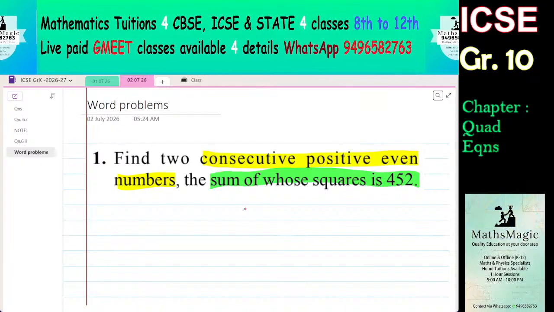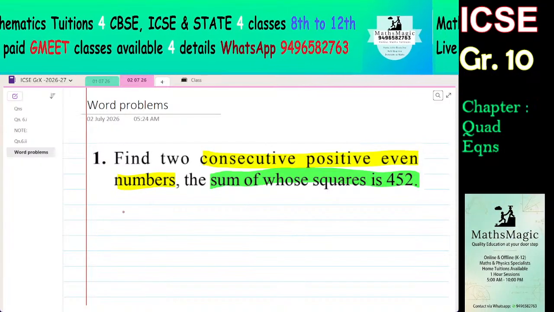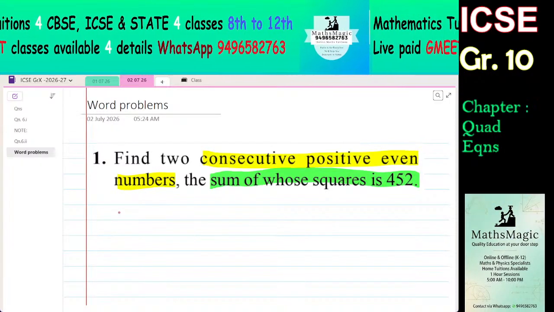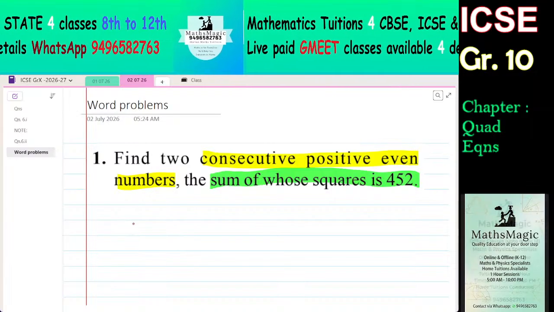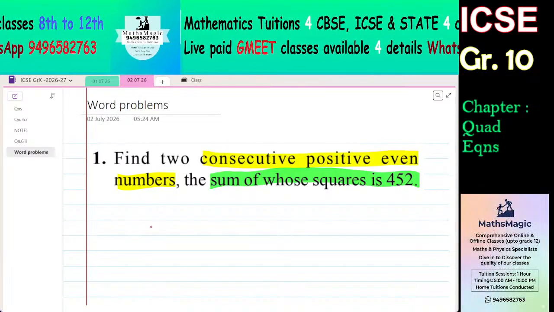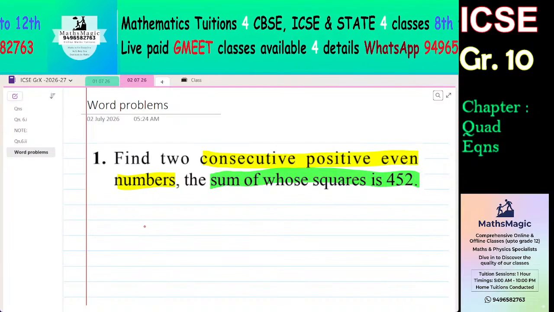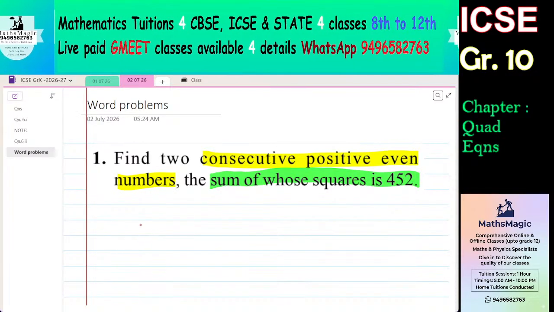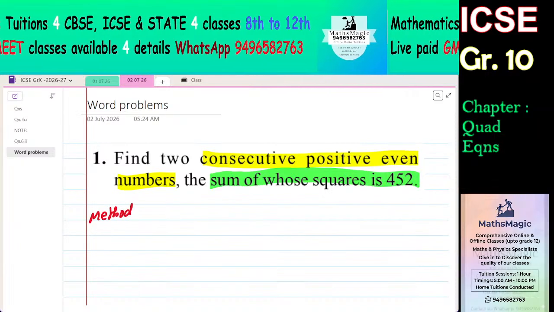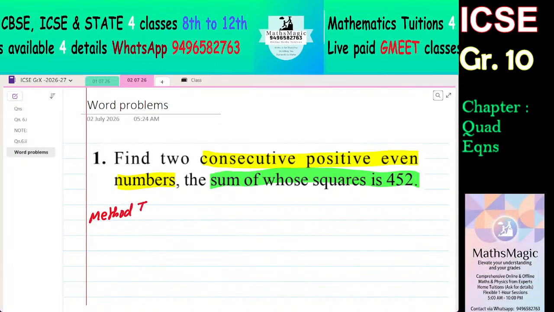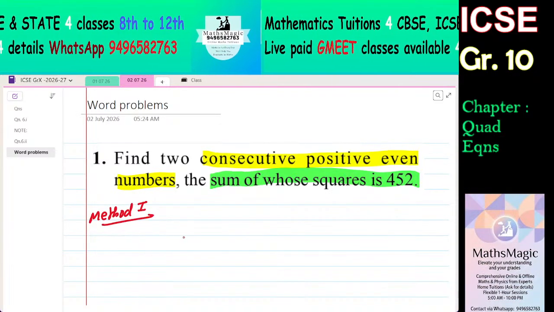Try to use only one variable, and I'm just giving you the method in which we use one variable, and also I'll show you the method with two variables, and later on we will be changing into a one variable equation.